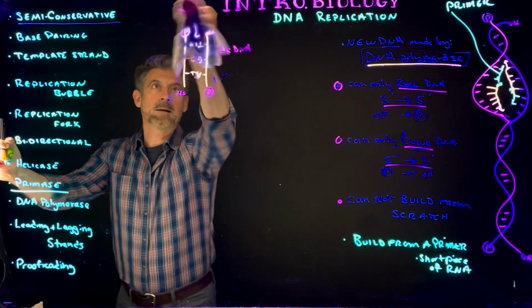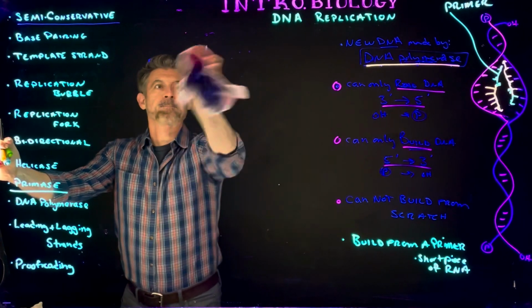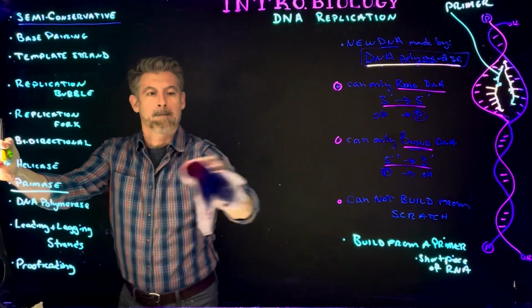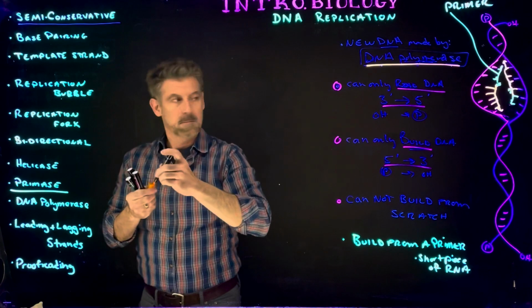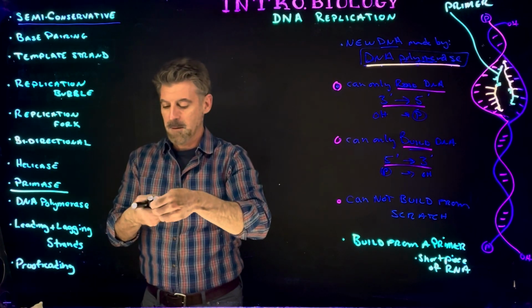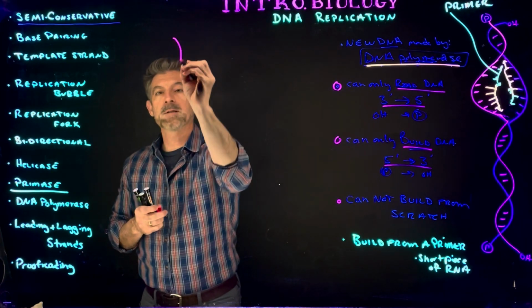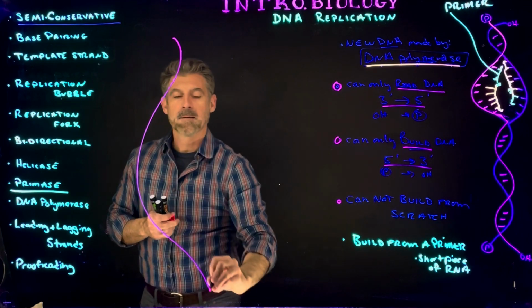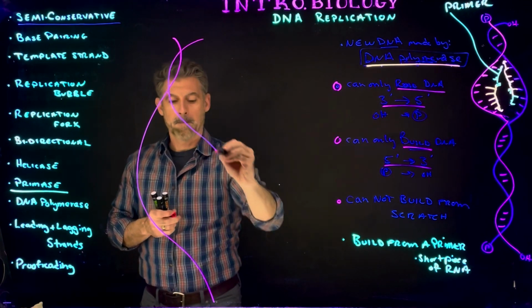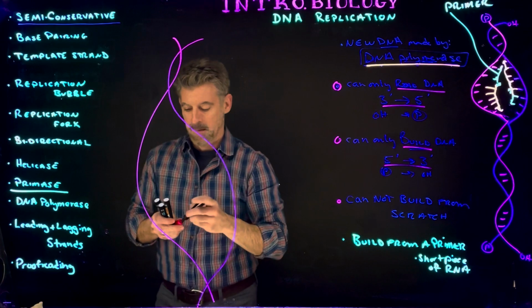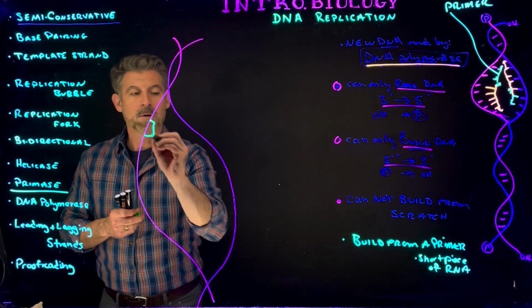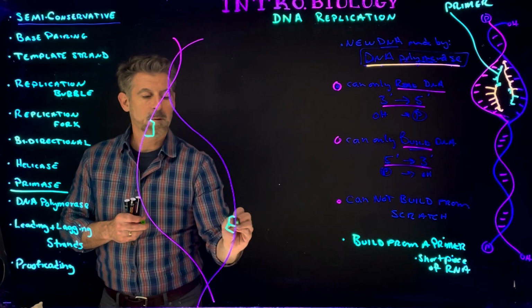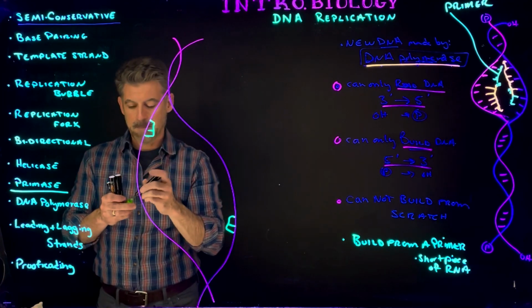Okay. I'm going to try to show it to you here in another drawing. If I use the pinks as the templates, or the originals, this is the original DNA that's being pulled apart. And then we have our RNA primer. Let's say a primer here, and I'll put a little primer here, like that.